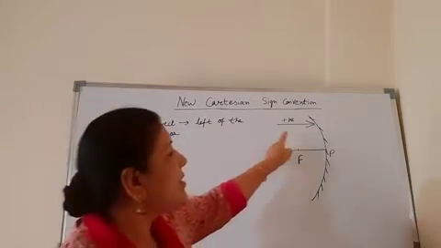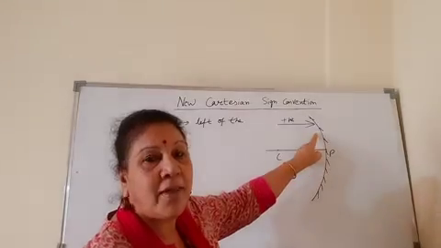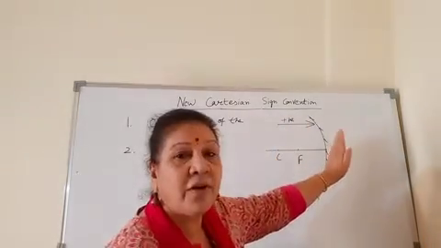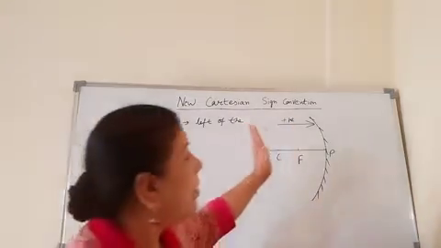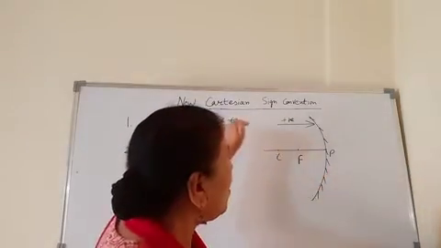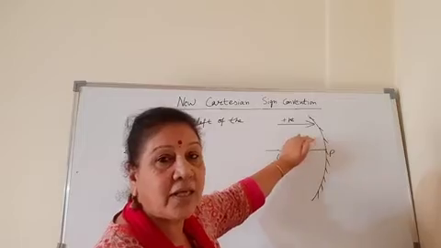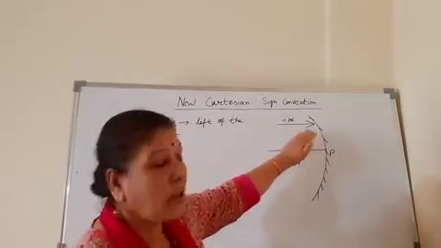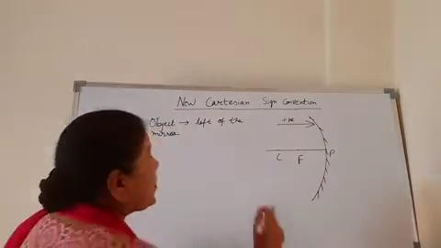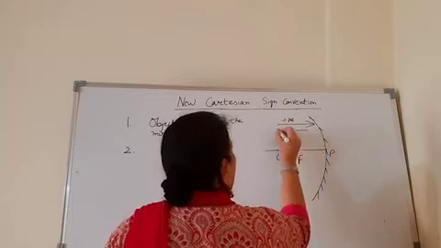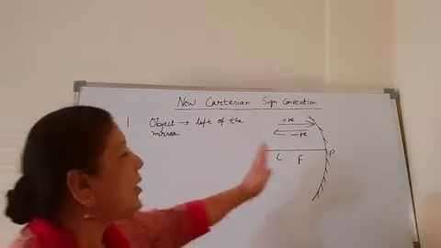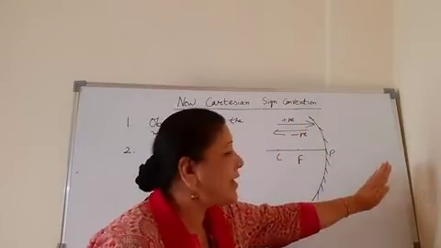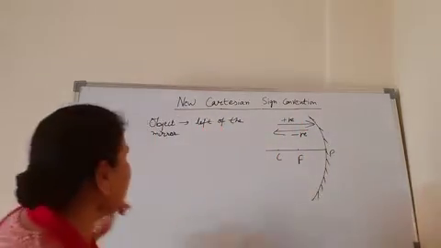If this is the incident ray which strikes the mirror, this direction we are going to take as positive. You can relate it to the positive x direction. Opposite to that, it is negative. You can just relate it to the plus x axis and minus x axis.